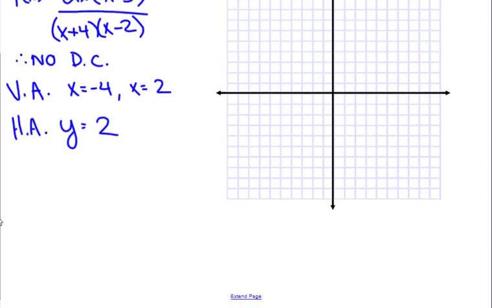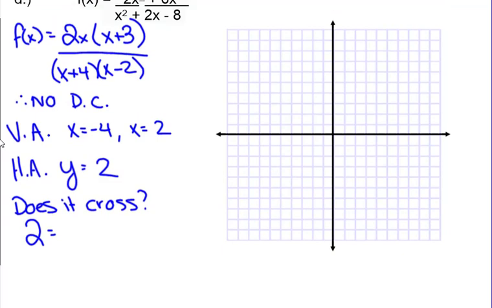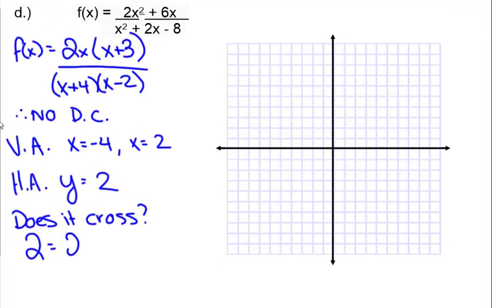So then we want to see, does it cross? So if it crosses, it would be at 2. So 2 is equal to, I'm going to go back up to our fully distributed expression, over x² + 2x - 8.